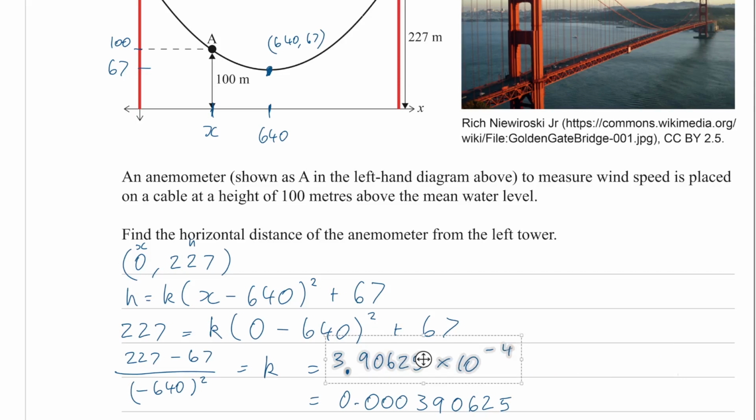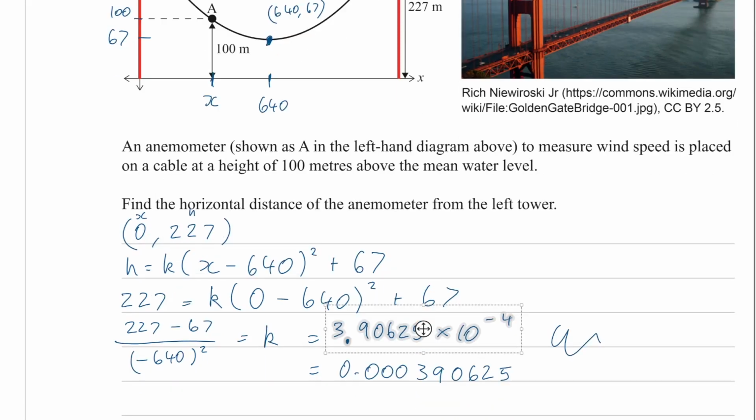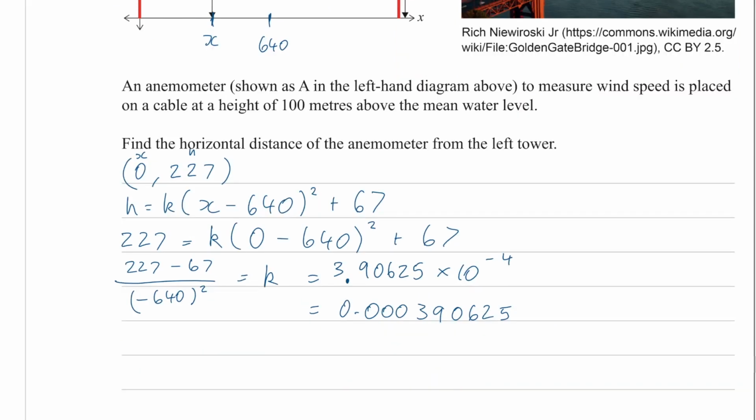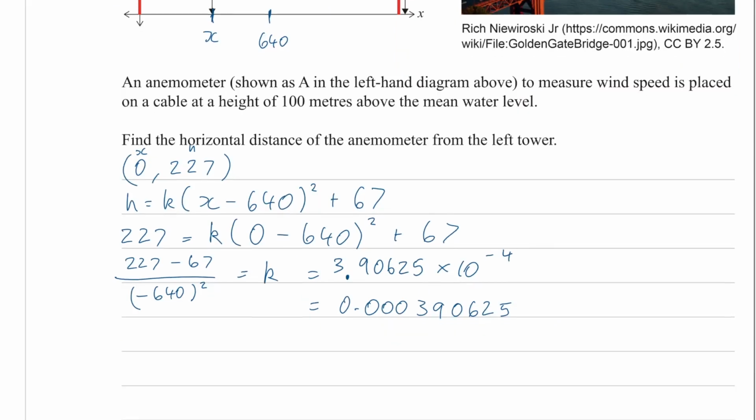All right, so we found k. Now we can plug that back into our model, our function for height. So k is 0.000390625. The rest of the model is the same.